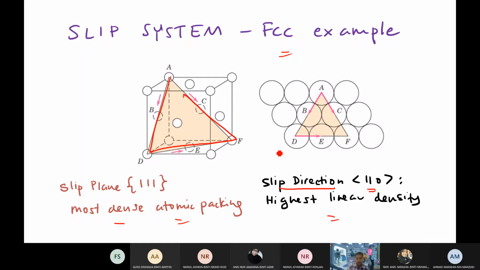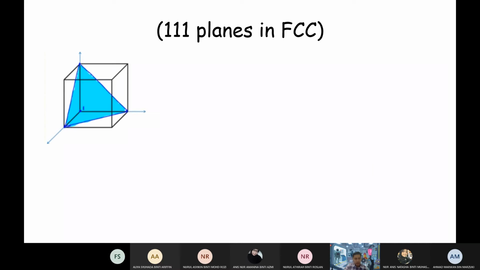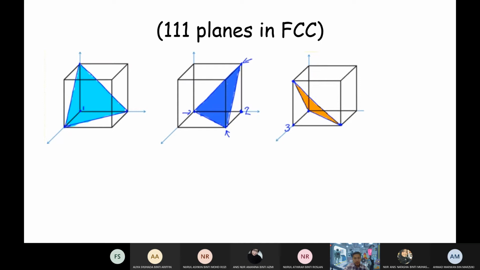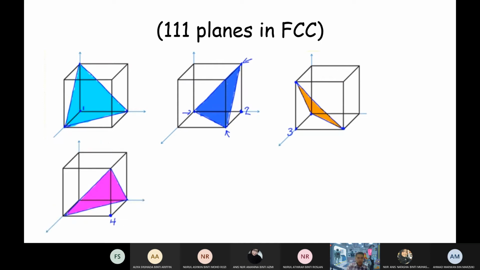Slip direction 110 exhibit the highest linear density. And here we have a different variation of a 111 plane in FCC metal. Okay, all these are 111 plane in FCC. Just a quick review of what you have learned before.